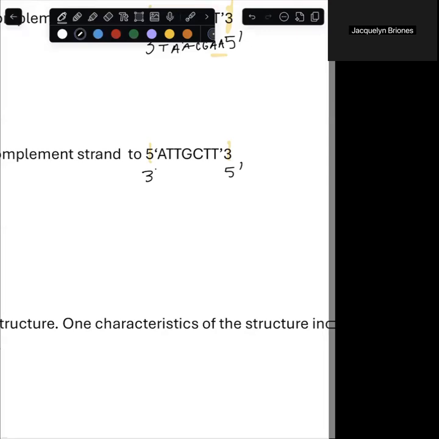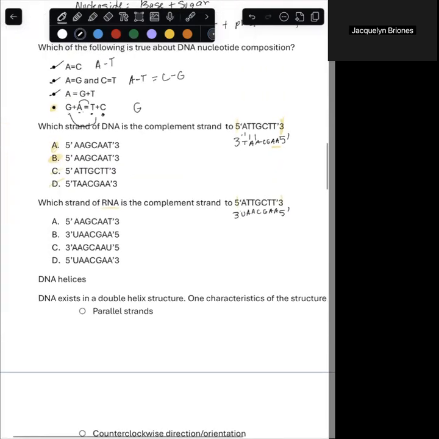So A usually binds to T in DNA, but we're using RNA, so it's going to be U, A, C, G, A. Now we just have to look which one matches up, and B is going to be your answer. Okay. I was going to say I did the same thing on this one, but if you notice, 5 prime, 3 prime. So just be careful.